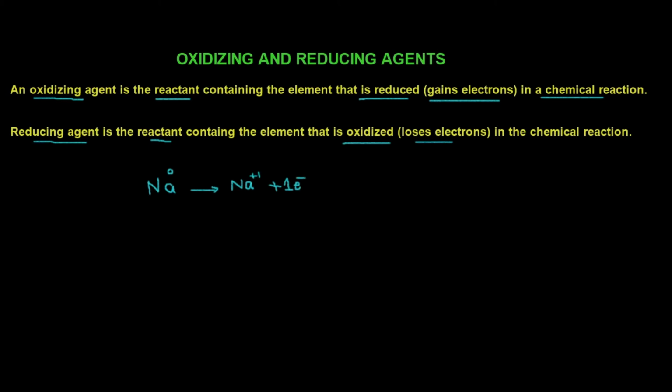Now if you remember, I told you that if we have numbers 0, +1, +2, +3, similarly -1, -2, and then -3, once you move from left to right, the number is increasing, hence this is known as oxidation.